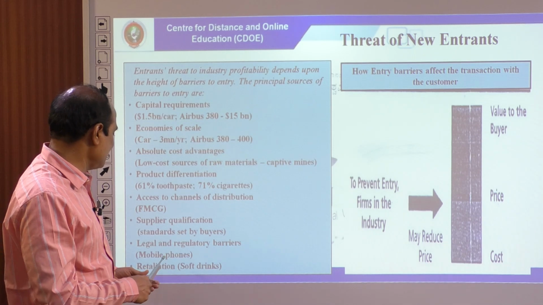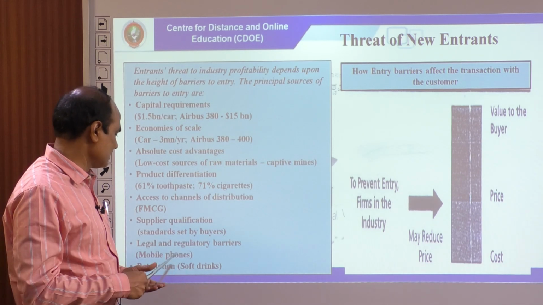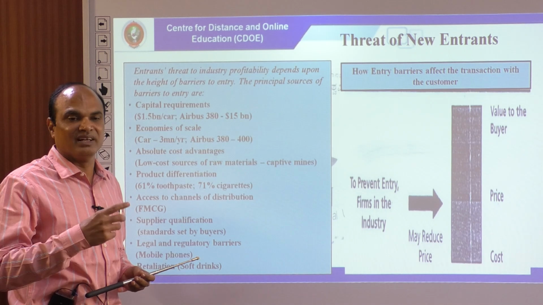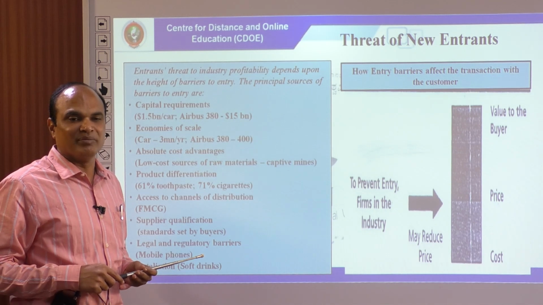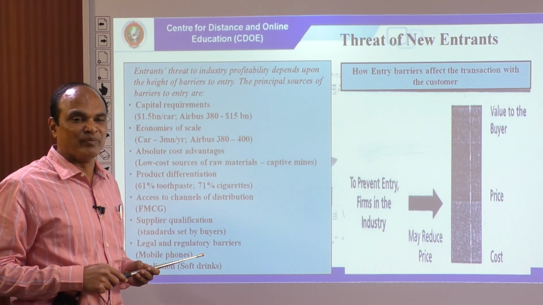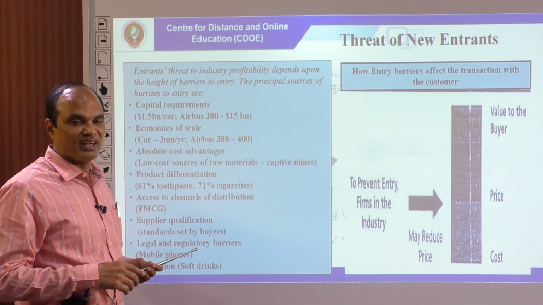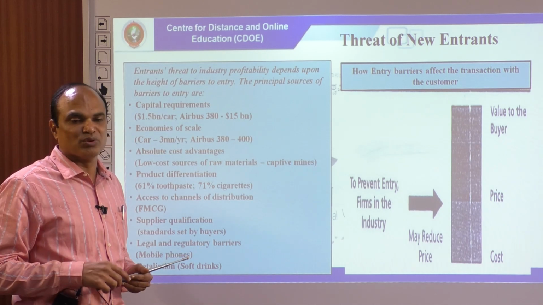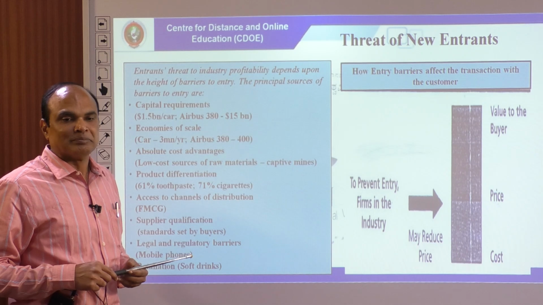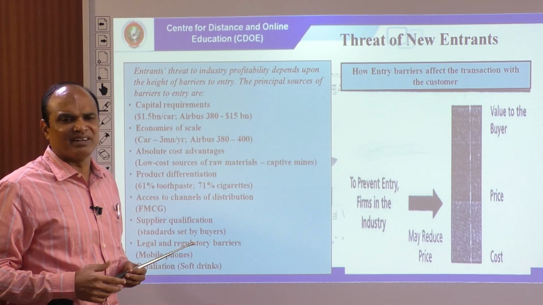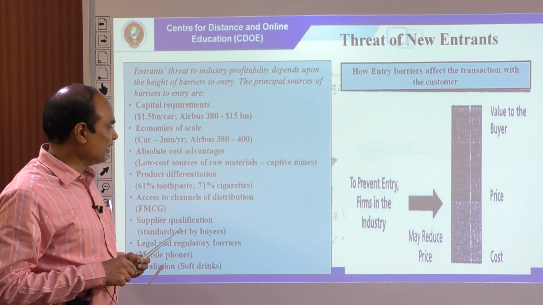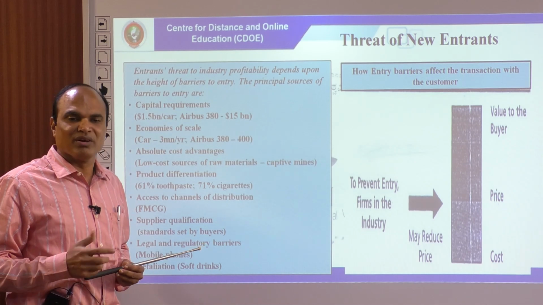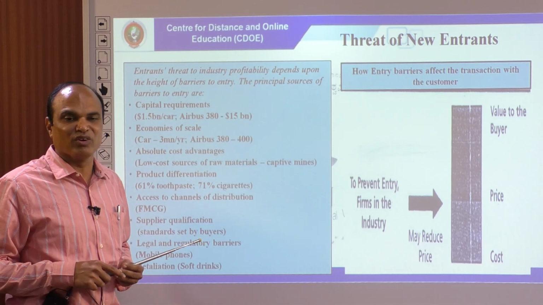Then coming to the legal and regulatory barriers, the mobile phones. The legal and regulatory barriers are set by the government for mobile phone service providers. Anybody cannot start a new mobile phone service, because they have to buy the spectrum from the government.